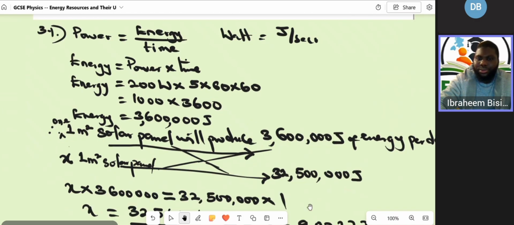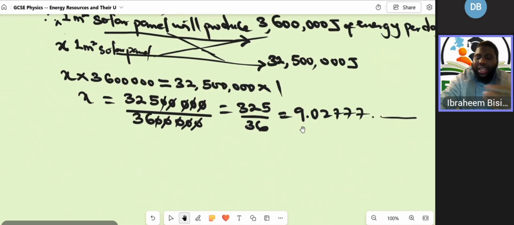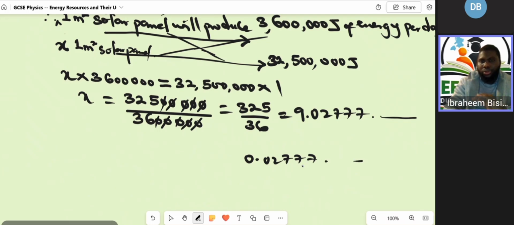You may want to say 9, but 9 will be wrong because the actual amount we need is greater than 9. Even though 0.02777 looks very small, the energy they are talking about here is huge.